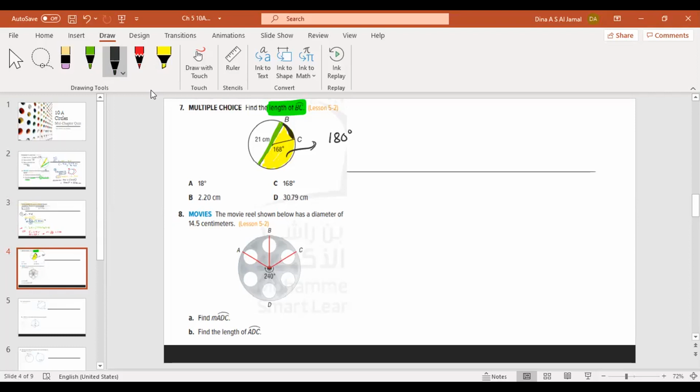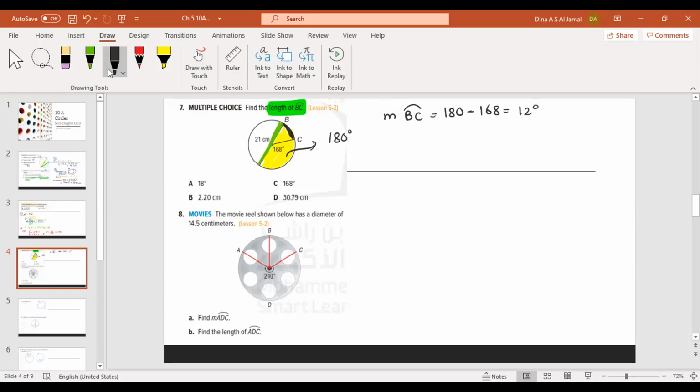That means if you would like to have the measurement of BC, it will be all about 180 minus 168. With this, you will be getting the measure of BC, not the length.